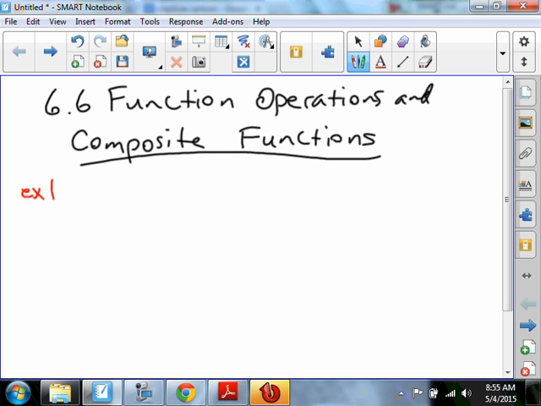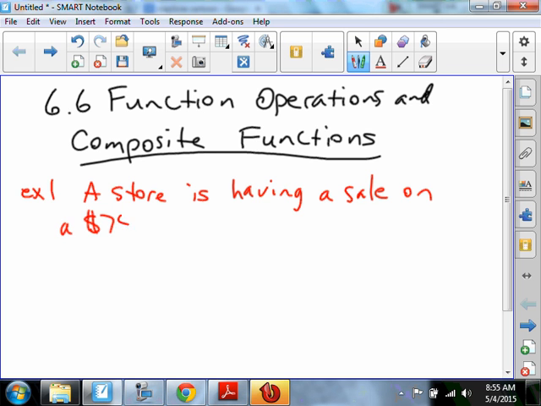So example one, a store is having a sale on a $75 item. Could be whatever. I'm not sure exactly what costs $75. Maybe a pair of shoes, maybe a nice purse, maybe a dress. I don't know. So anyway, a store is having a sale on a $75 item. You have a $20 rebate.